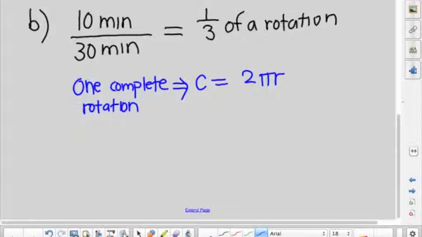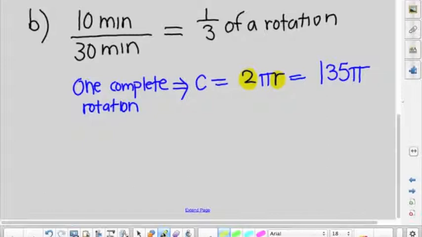Because we know our diameter is 135 meters, our circumference is also 135 pi. Because remember, 2 times the radius is the same thing as the diameter. So I can replace 2r with 135, multiplied by pi.